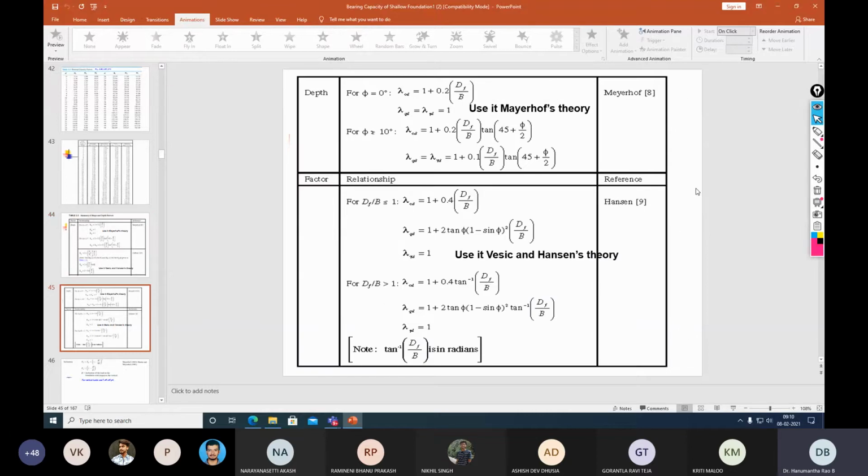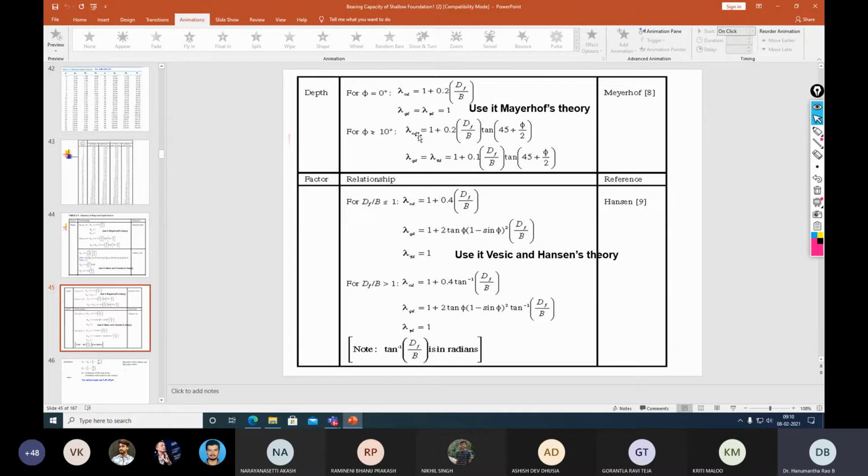These are the depth factors for Meyerhof's theory as well as for Vesic and Hansen's theory. Again, for Meyerhof, the depth factor is given for phi equal to 0 and for phi greater than or equal to 10 degrees.